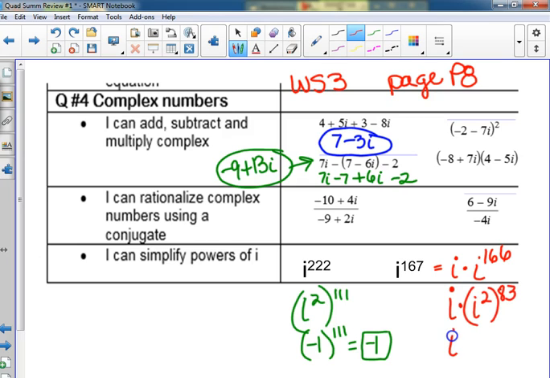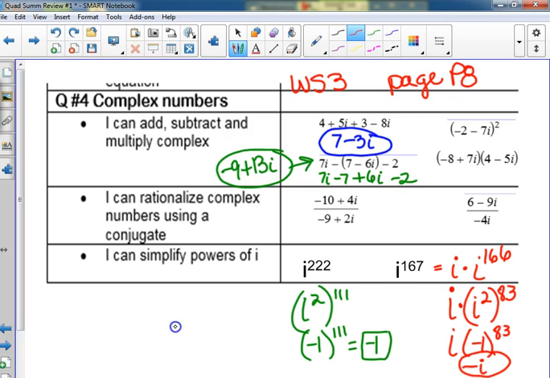So that's an i and a -1 to the 83rd, which should be negative or positive? Negative. So we get a -1 times i, or a negative i. If you wrote -1i, that would be fine. If you're taking a wild guess on that question, what are the only 4 possible solutions? 1, -1, i, and -i.